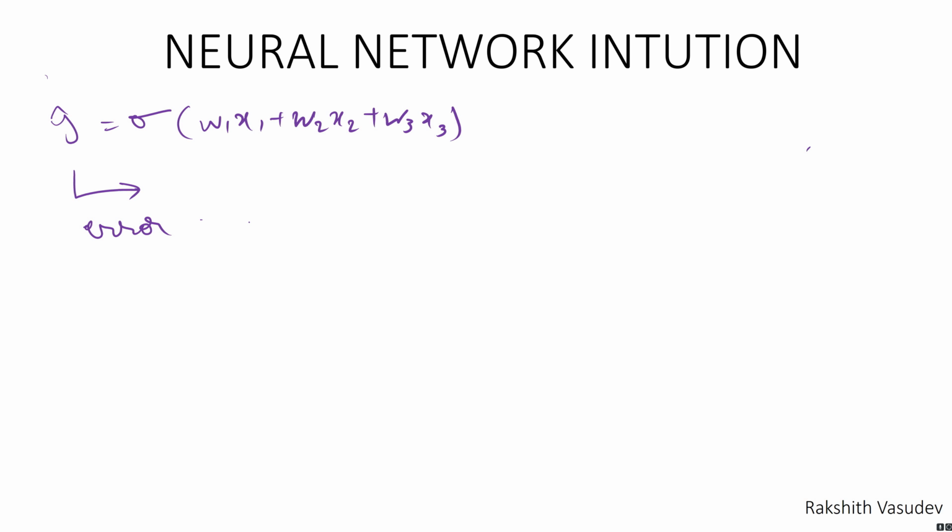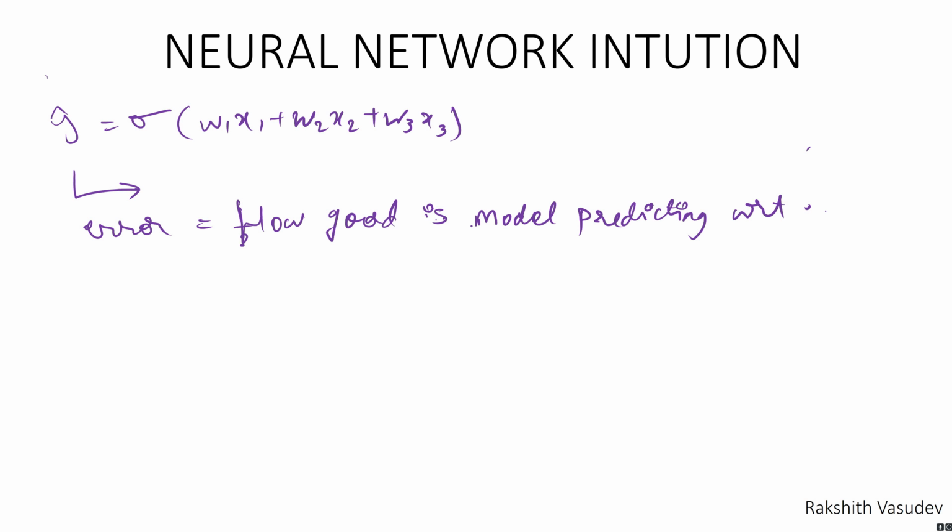You introduce something called error, and the error tells you how good your model is, how well is my model predicting with respect to the real world.